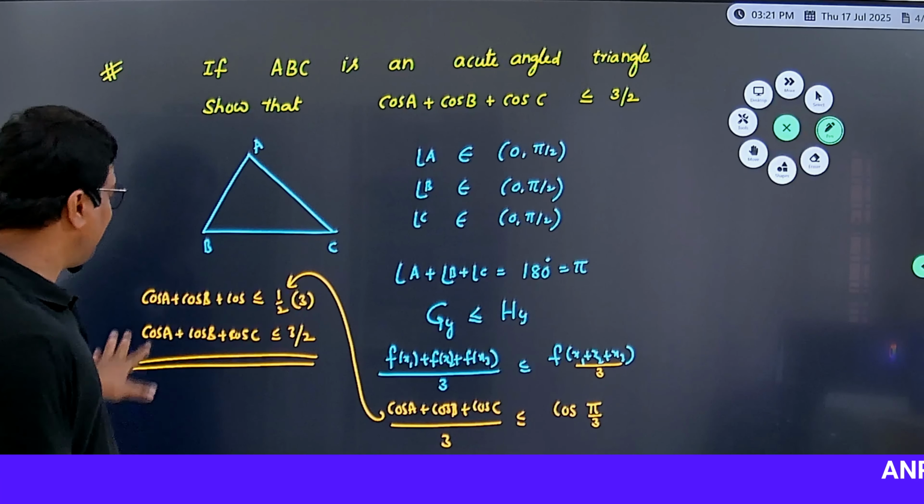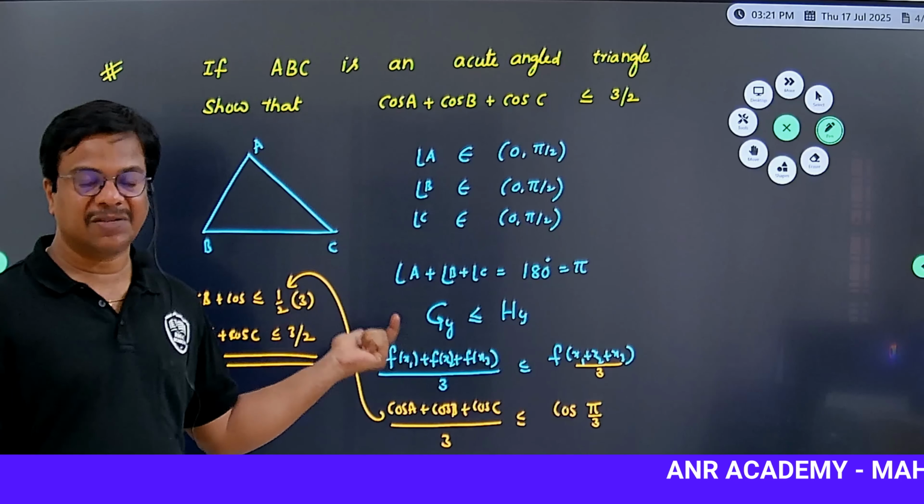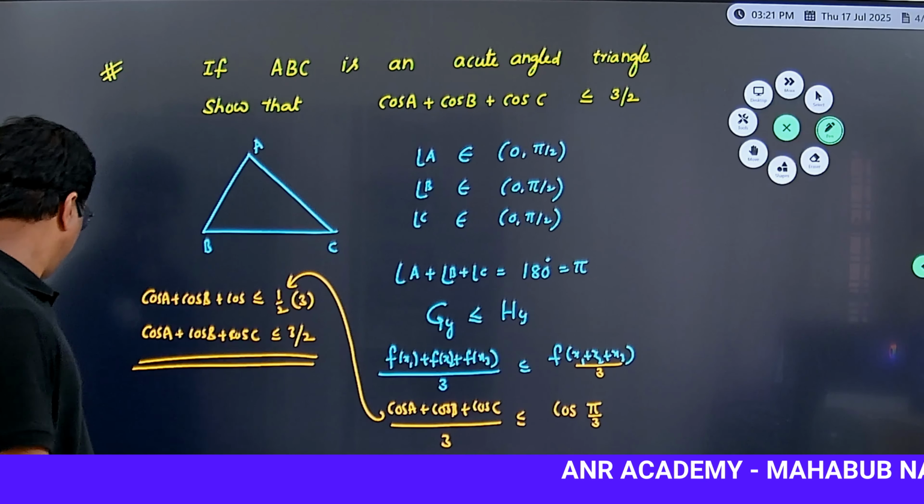Remember, with the help of Jensen's inequality, we got cos A + cos B + cos C less than or equal to 3/2.